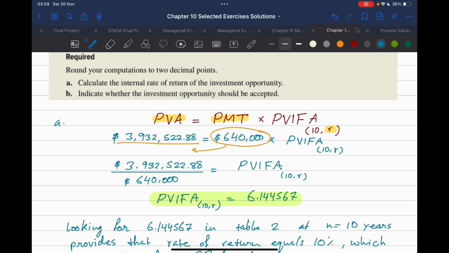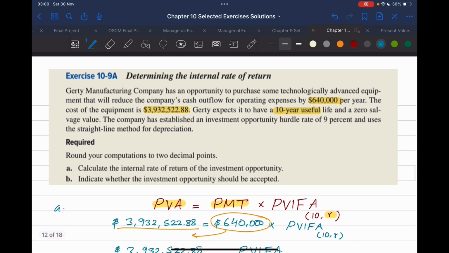Now let's see what is required in part B. It says indicate whether the investment opportunity should be accepted. To determine whether this should be accepted or not, we need to refer back to the question and notice that in the last sentence, it says the company has established an investment opportunity hurdle rate of 9%.